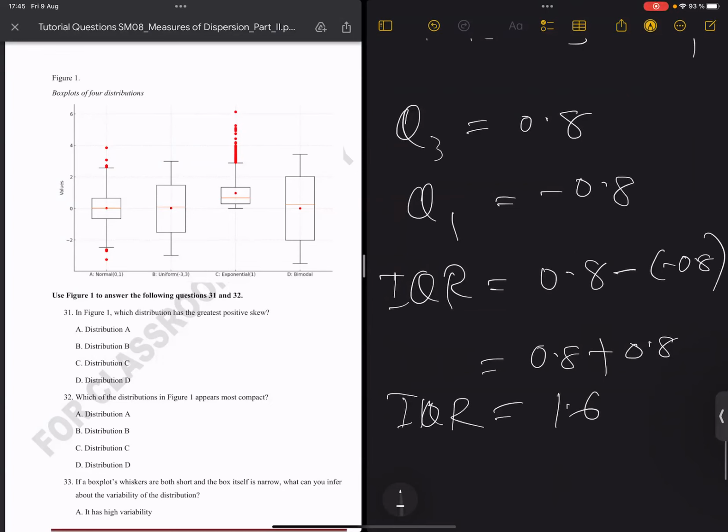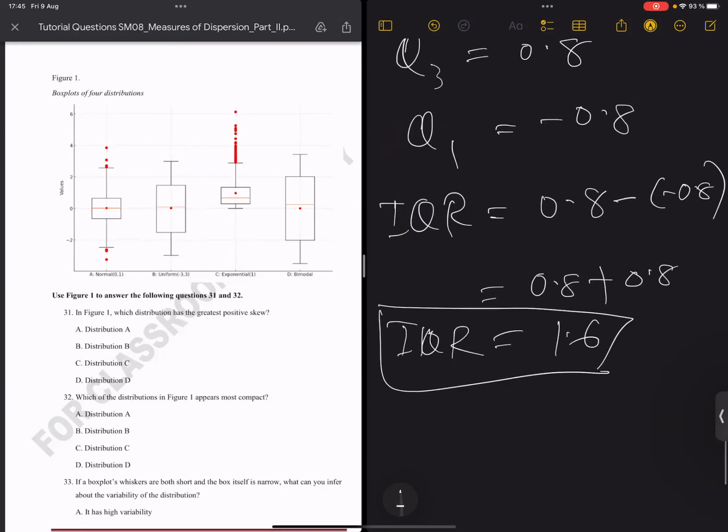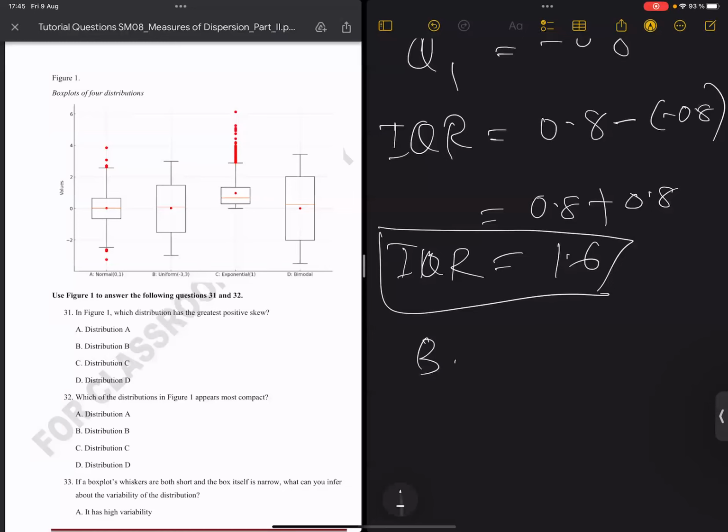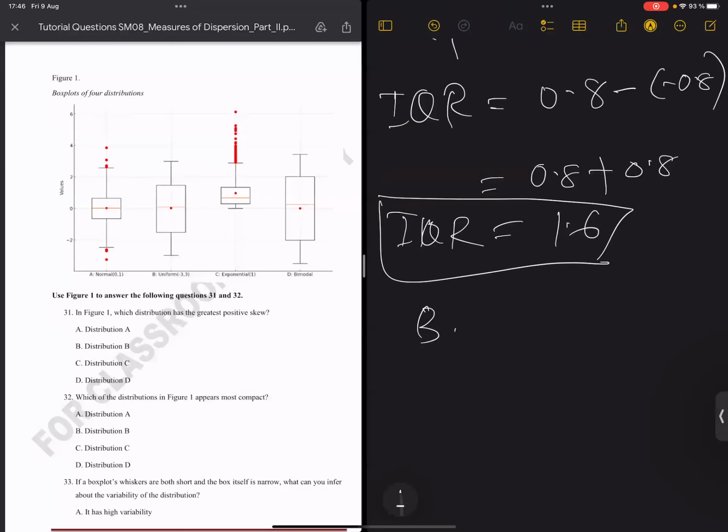Remember, the interquartile range means 50 percent of this data set's range. But when you consider distribution B, the lower end of the box is very close to minus 2, maybe close to minus 1.8.